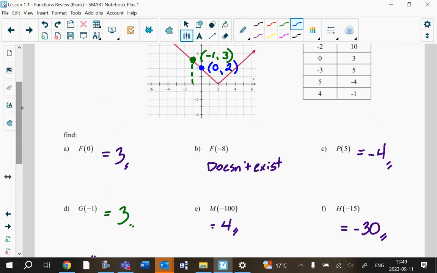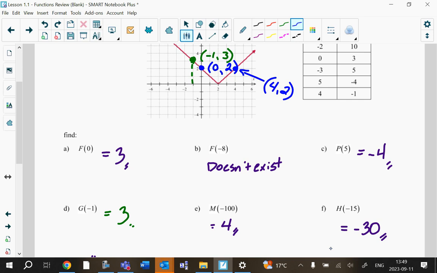However, is there another answer where y is 2? Is there another point on this graph where y is 2? Right here. That's the point 4, comma 2. So there's actually 2 points where the y value is 2.